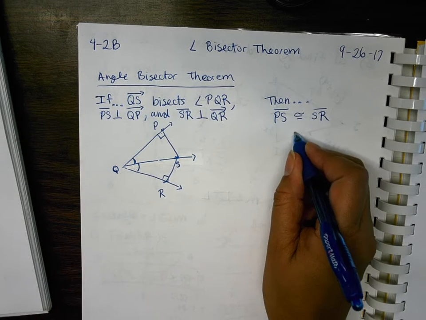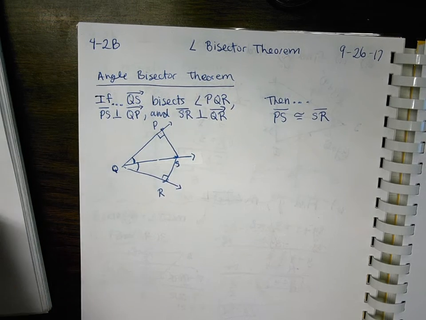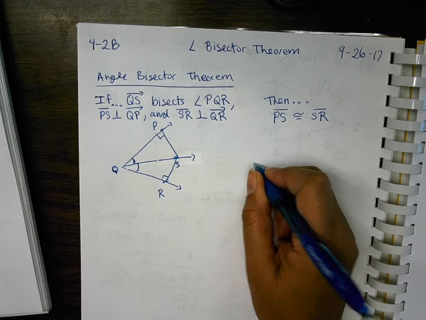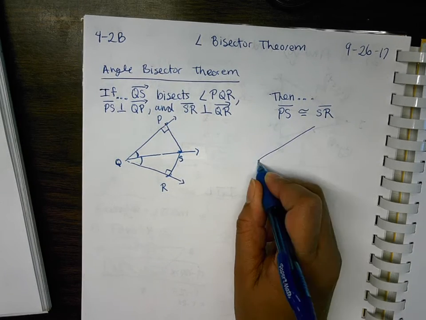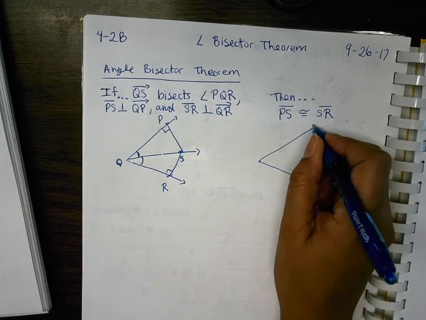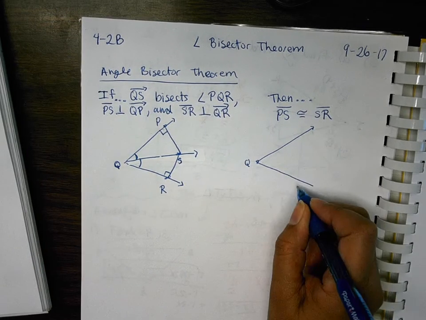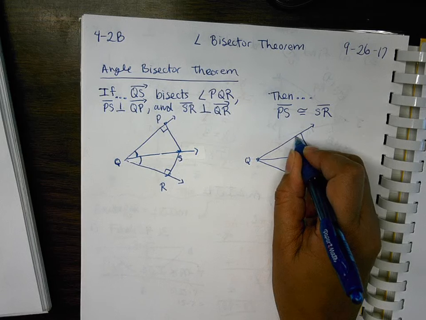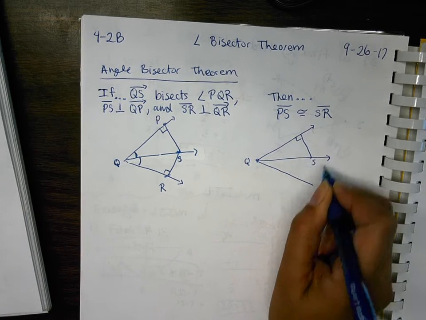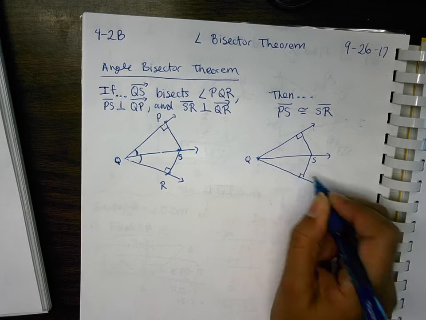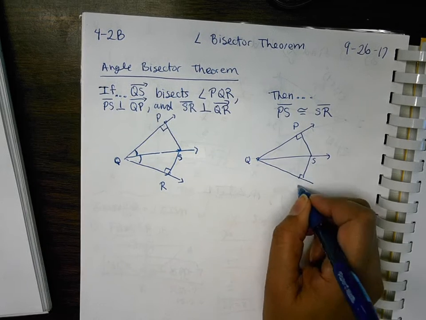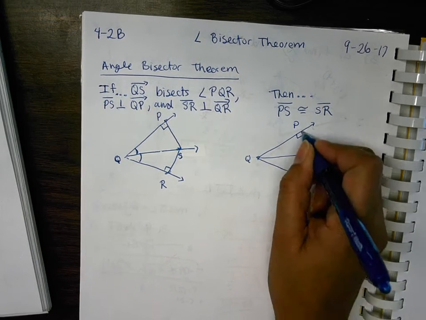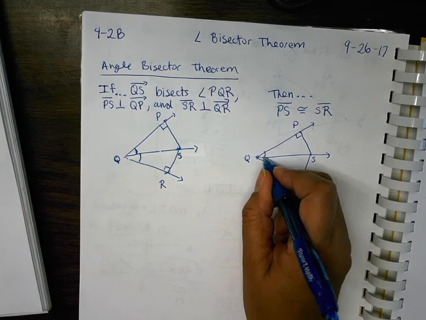Alright, so I'm just going to redraw it quickly here. So we're going to redraw the thing just like we did yesterday. Q, S, P, R, angle bisector.